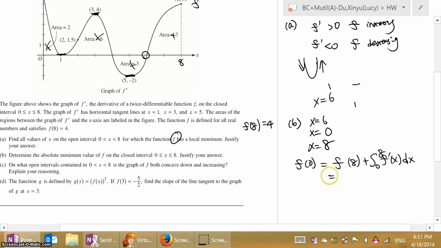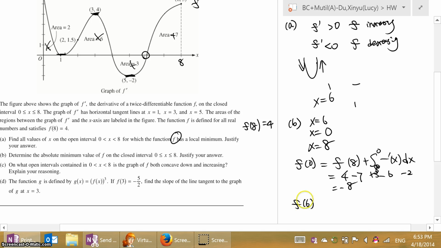We know f(8) equals 4, and based on the graph, since it's reversed, it should be from 8 to 0. It's 4 minus 7 plus 3 minus 6 minus 2, which equals negative 8.